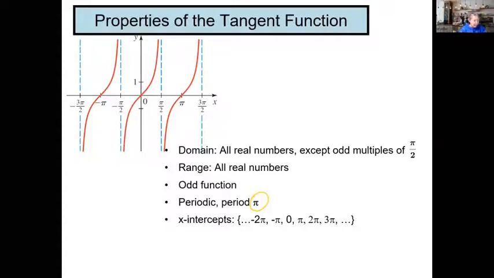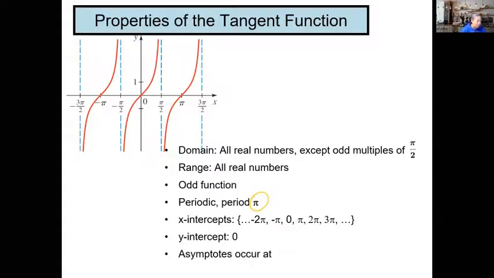So every time it gives a pi, you will see your tangent graph pass through the x-axis, and that's the position designated for the zeros, okay? Then what else? Do we have any y-intercept? Yeah, there's going to be one y-intercept happening in the middle where it passes the origin, and the only y-intercept is (0, 0).